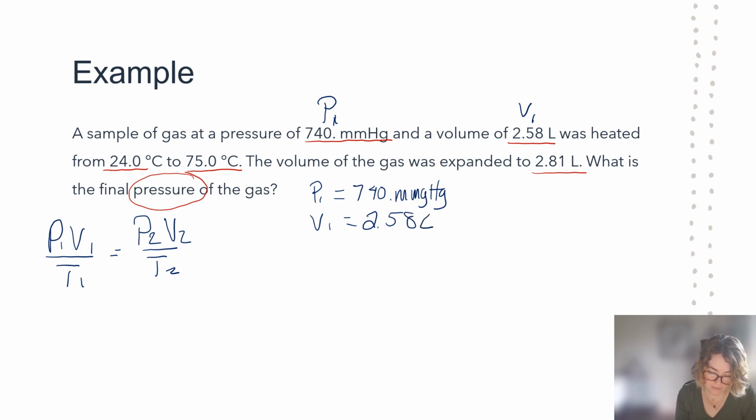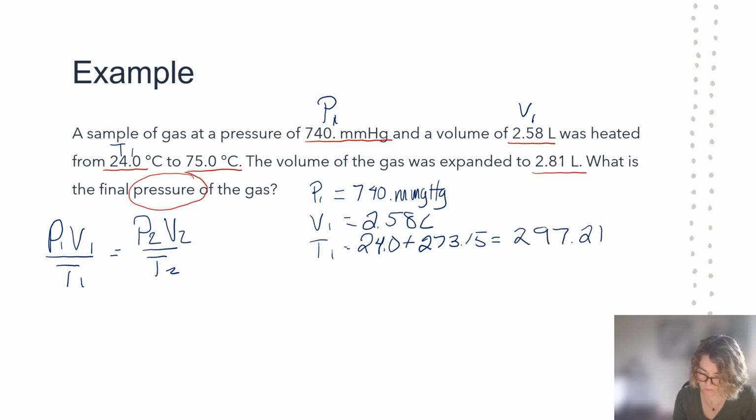And I have been given an initial temperature, T1 is 24 degrees Celsius. Before I do anything else, I want to go ahead and convert this to Kelvin, and that is 297.2 Kelvin. Remember that I am using decimal places here when I'm determining the number of significant figures because I am adding.